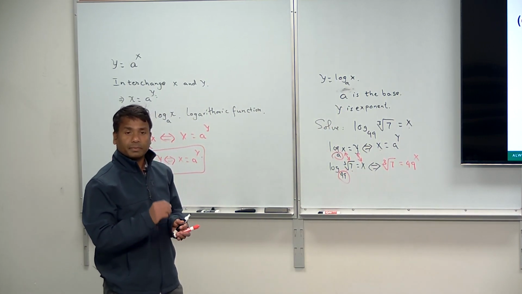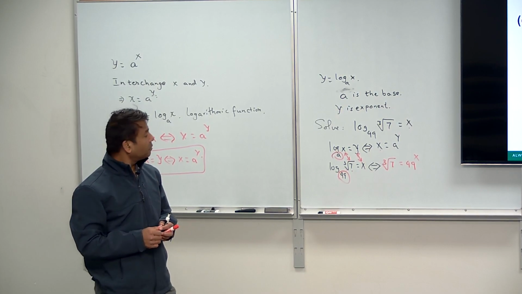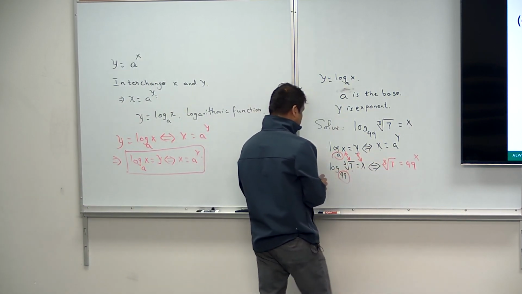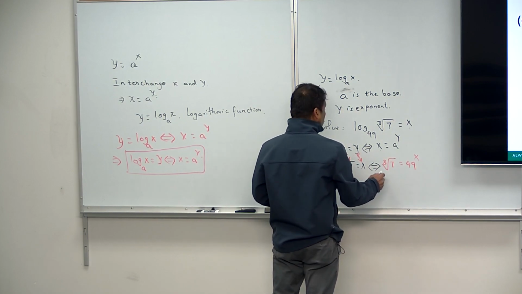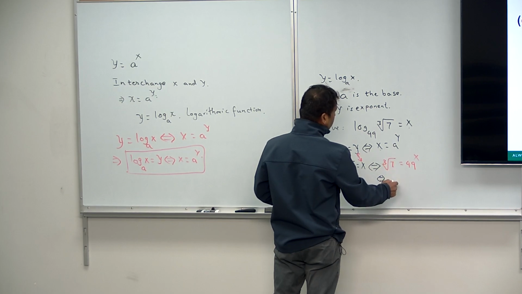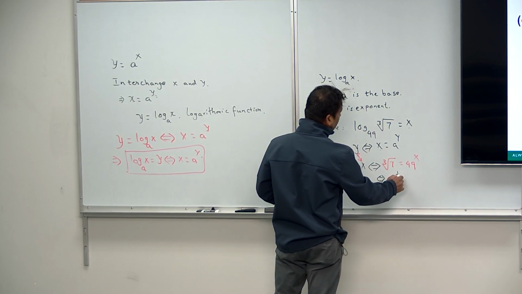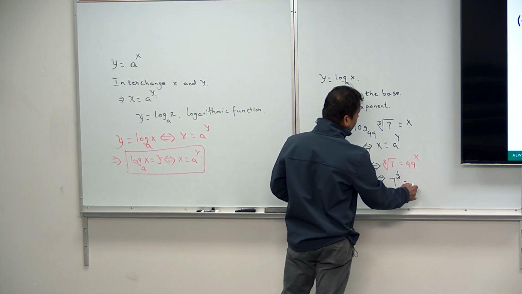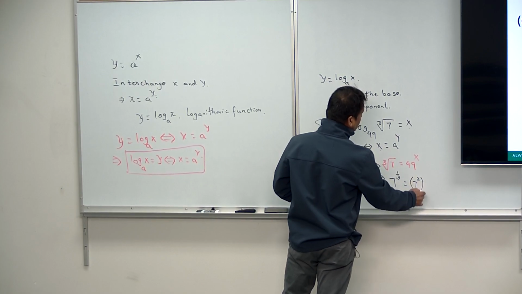That makes sense? Yeah, and then you just solve this. So what do you have here? Cube root of 7 is the same as 7 raised to the power 1 over 3, right? Equals 49, which is 7 squared, raised to the power x.